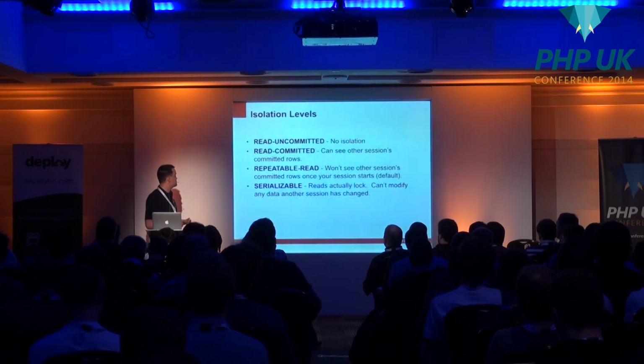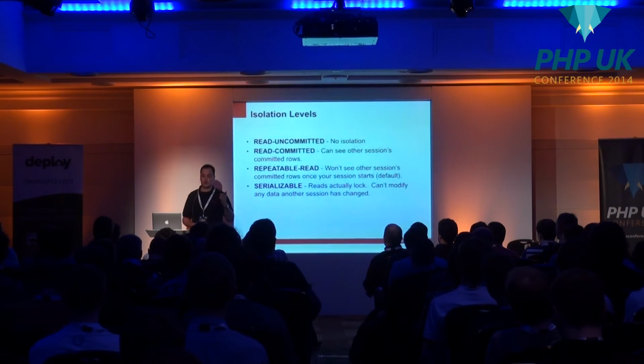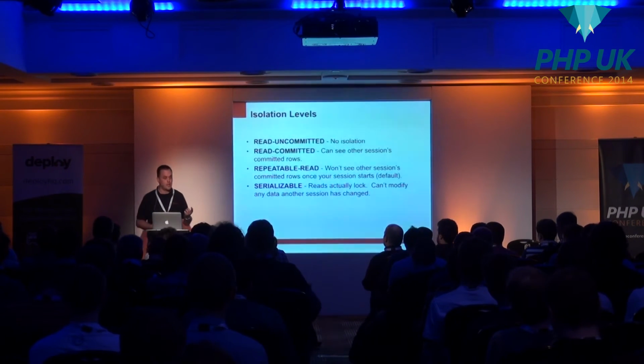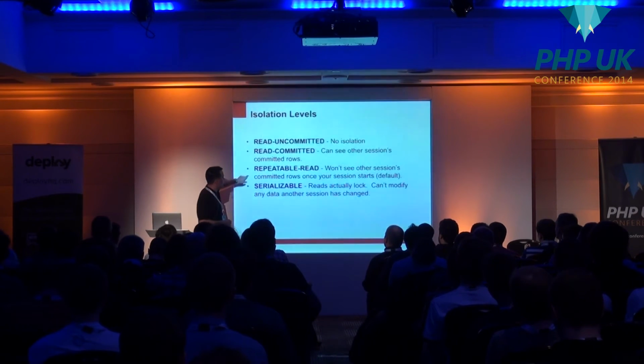I would say for most people, they'll end up in a repeatable read situation, the default, or a read committed situation. And there was a question before that I said I would try and answer: how does this affect locking? A lot of people do switch to read committed.